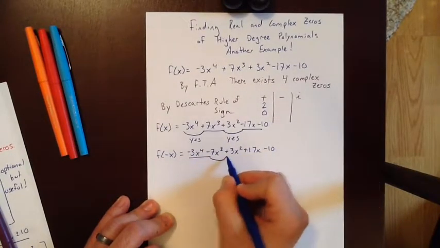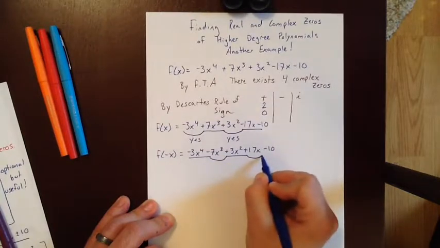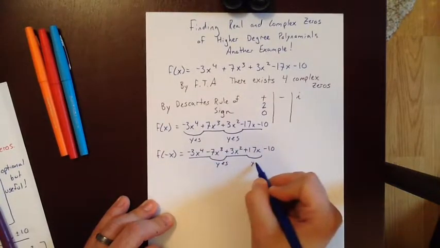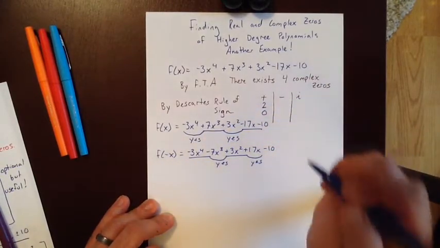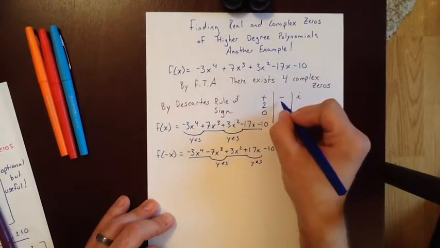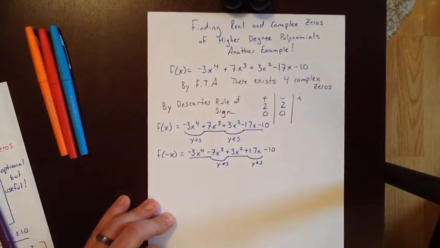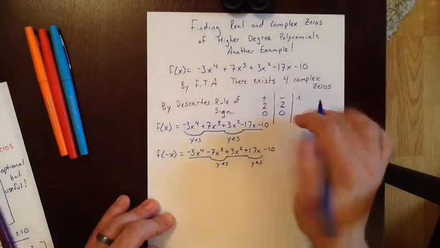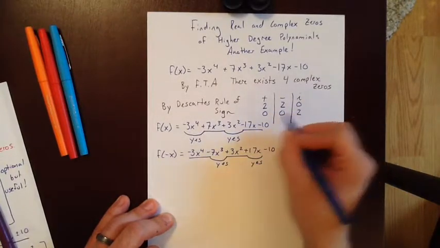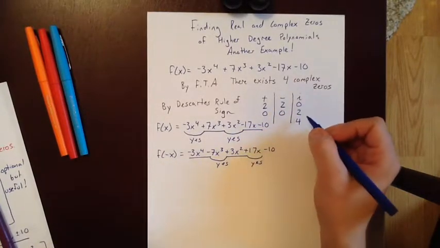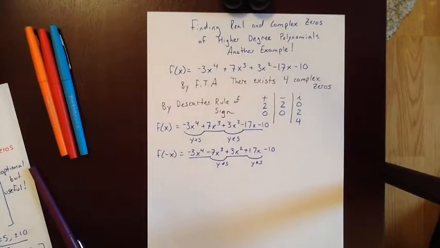No, yes, no, yes. So as far as negative zeros, we have a possible 2 or 0. And with this, our imaginary could be 0 imaginary, 2 imaginary, or 4 imaginary zeros.